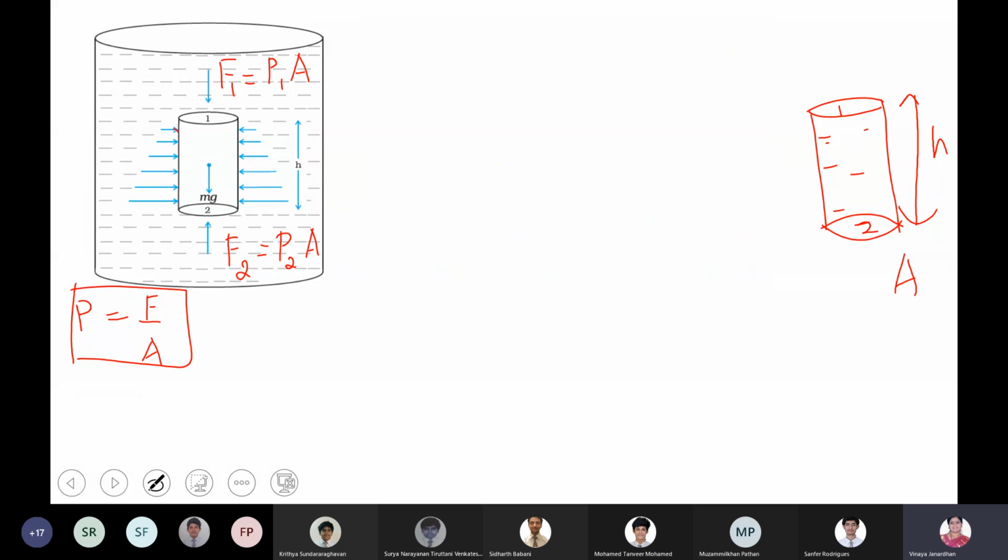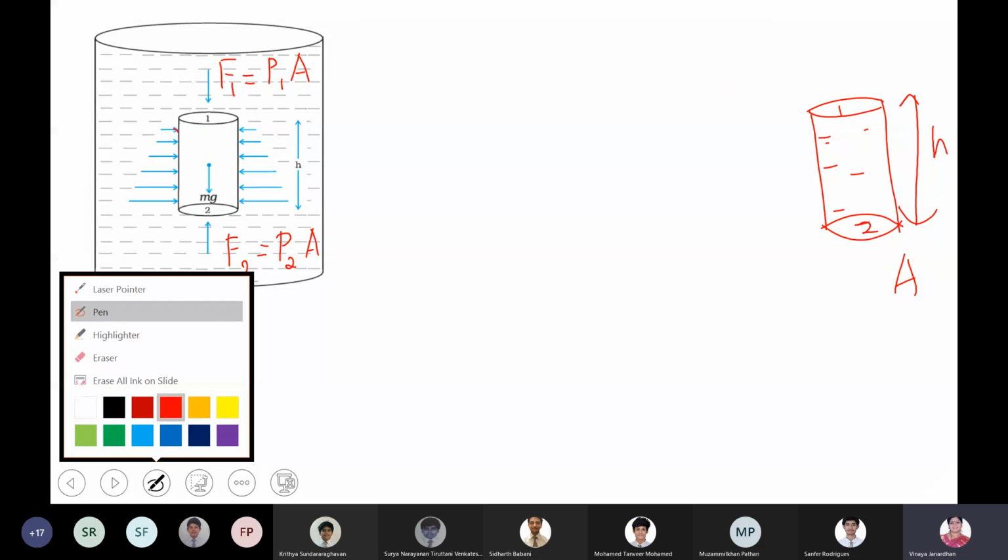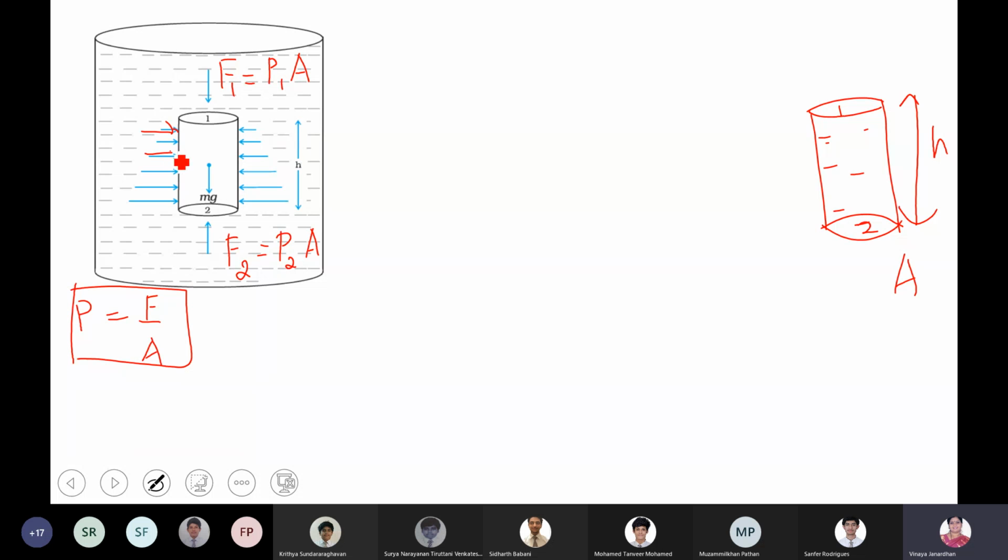The forces along the sides are equal in magnitude but opposite in direction, so they cancel off.